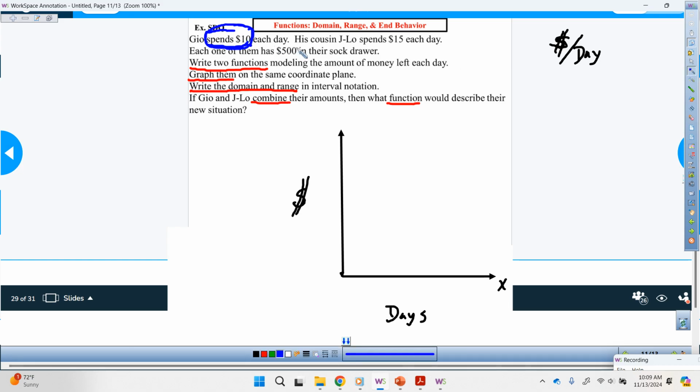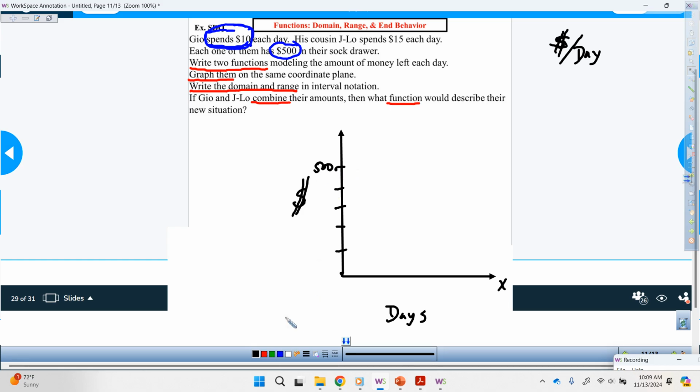That he starts with how much? 500. Okay. So question. How do you want to scale our y-axis? By how much? By what? 10 all the way to 500? By 100. Okay, so let's do 1, 2, 3, 4, 5.